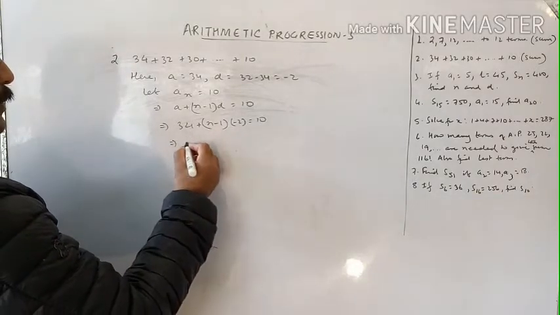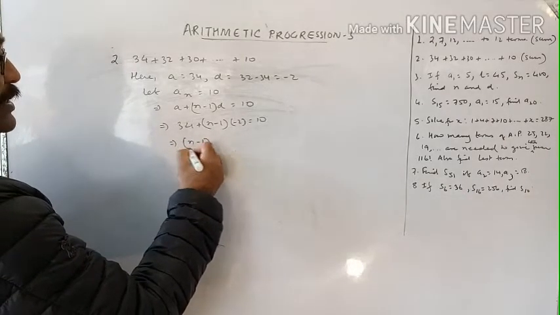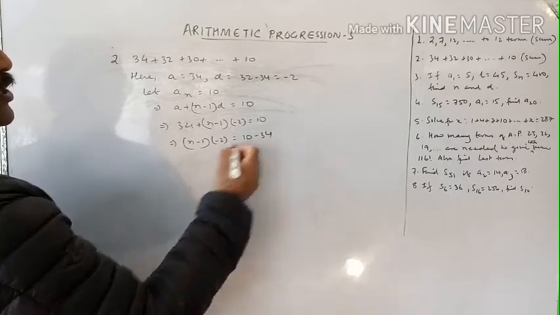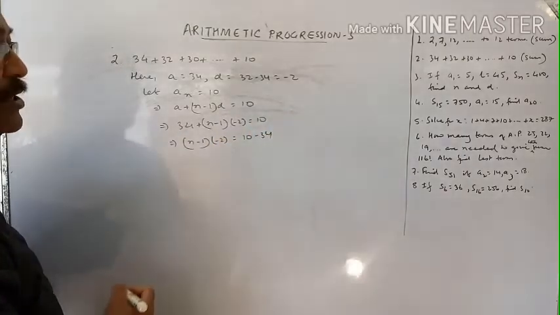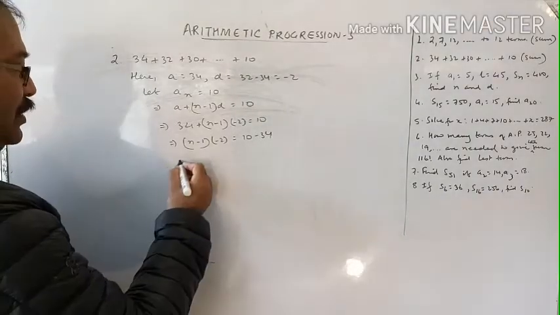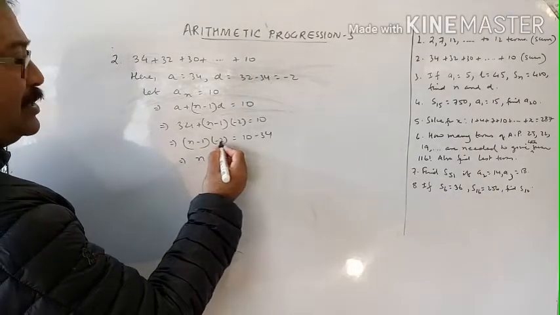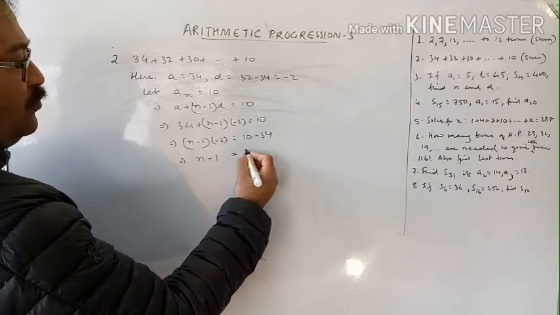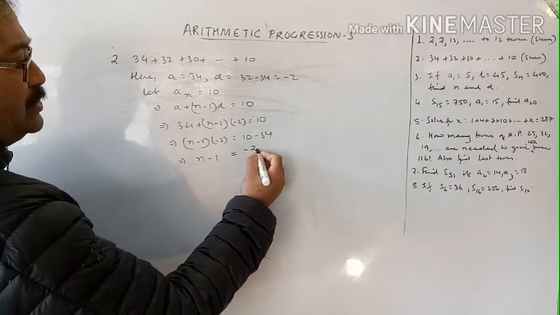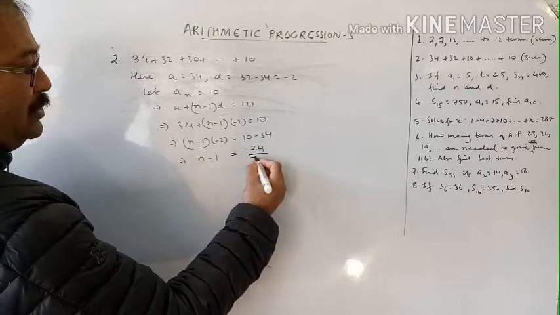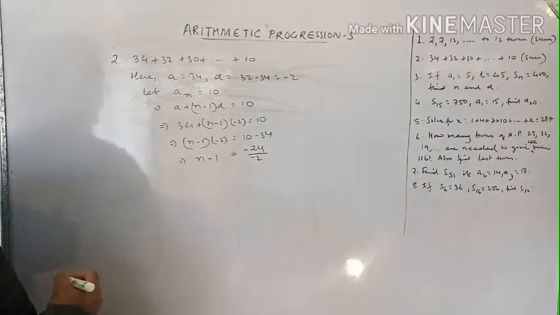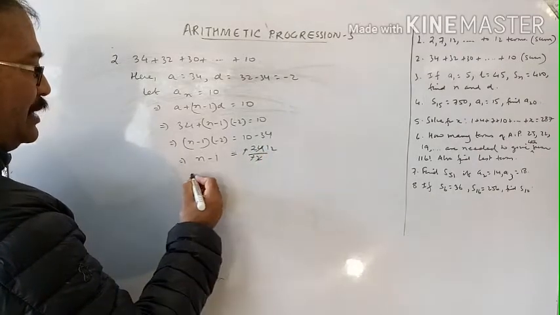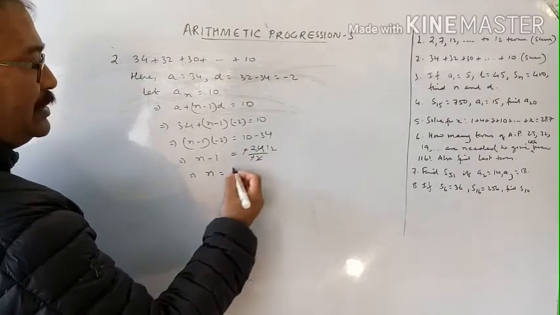So you get n minus 1 into minus 2 is equal to 10 minus 34, because 34 goes to the right hand side and becomes minus 34. Then this minus 2 goes to the RHS, cross multiply. 10 minus 34 will be minus 24, and minus 2 will divide here because it's multiplying. The minus cancels, so it will be 12. That means n equals 12 plus 1, since 1 goes to the right hand side.